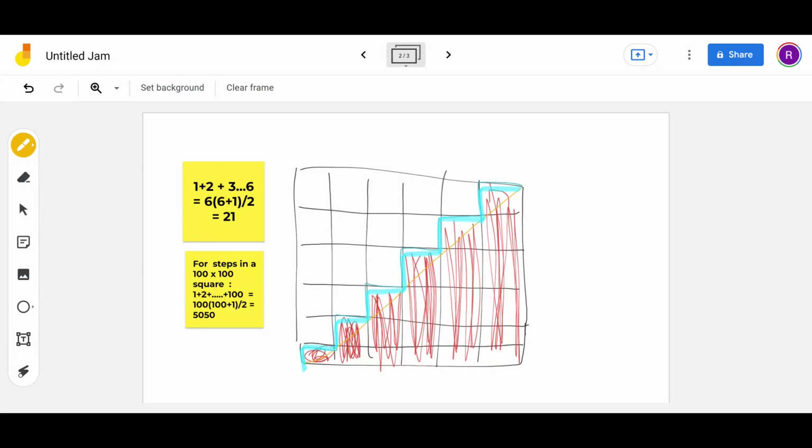5,000. Yes, so the area of the triangle is 5,000. Exactly. So let me use a text box actually.